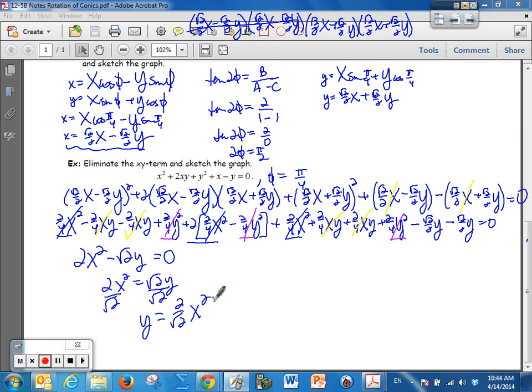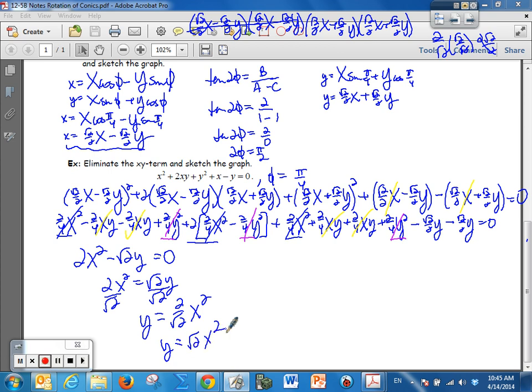Now you can rationalize it if you want to. I'll just do scratch work over here. 2 over root 2 times root 2 over root 2 is 2 root 2 over 2, so that just gives me root 2. So y equals root 2 x squared.